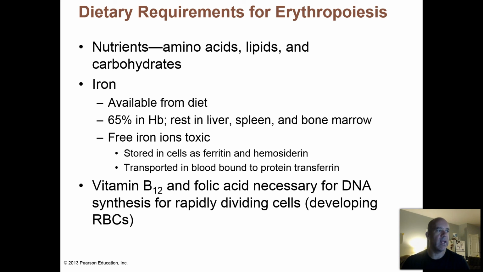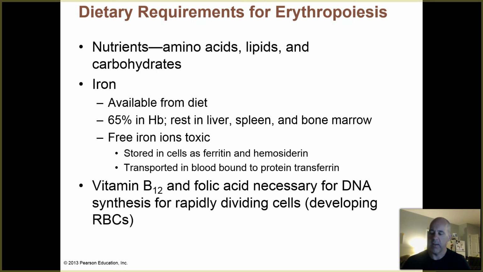All right, what do we need in terms of dietary requirements for good erythropoiesis? And obviously, good erythropoiesis is something that's very important for your health. You got to have a good diet, good nutrients, and that includes amino acids, of course. You need those to build your proteins, lipids, carbohydrates, these general nutrients, red blood cells.